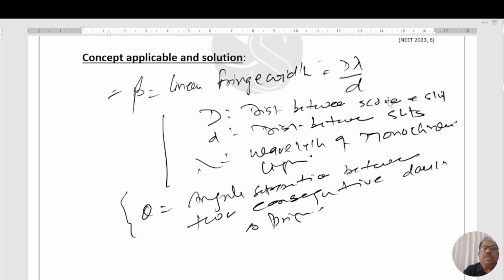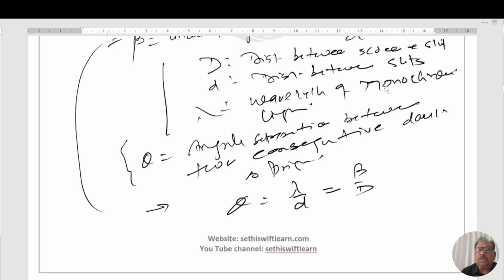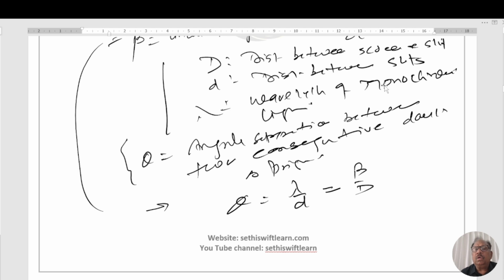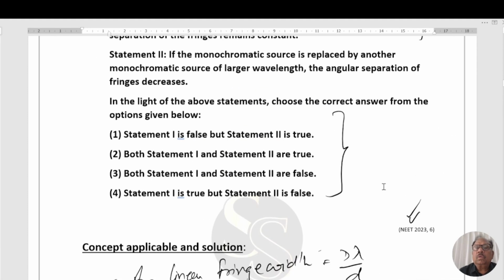So if we rearrange this, then theta comes out to be lambda by d, or beta by capital D. Now, come to the question.